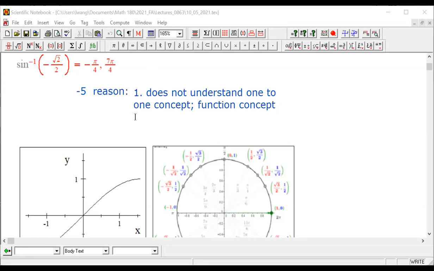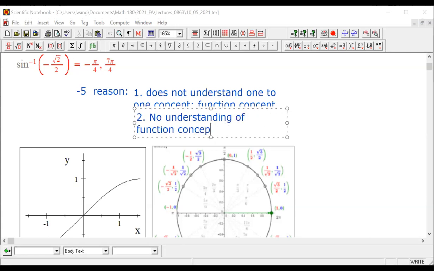Second reason: no understanding of the function concept and the one-to-one concept.